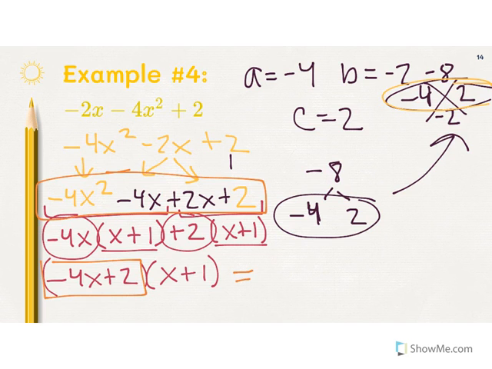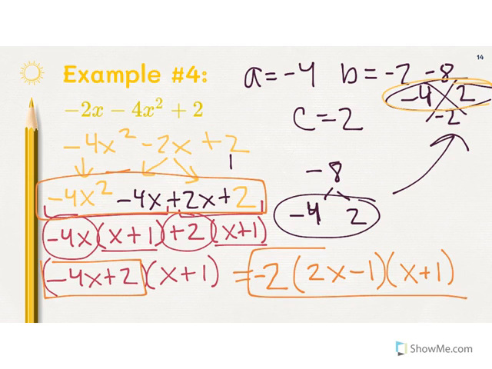So then we have a negative 2 actually also, because that highest value of that x is a negative. So negative 2, that's our GCF. The remainder that we have is a positive 2x and a negative 1. And then we rewrite our last factor, which is just x plus 1, and then that is our final solution there.